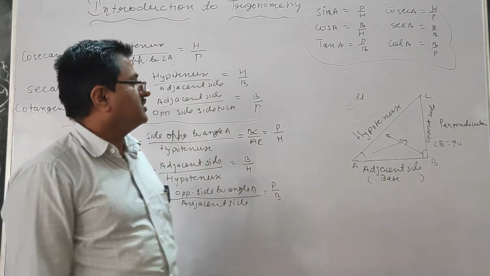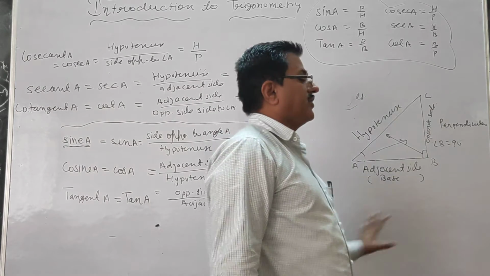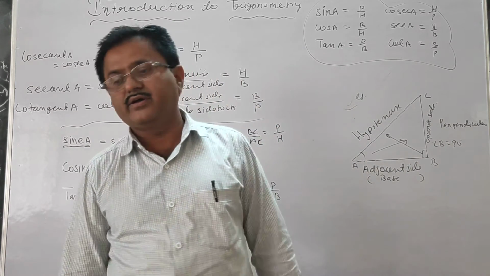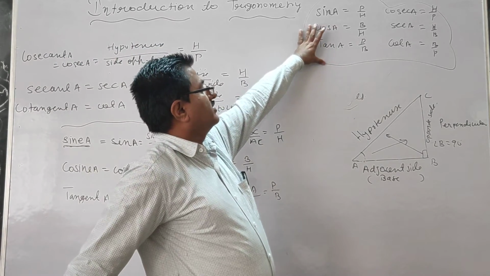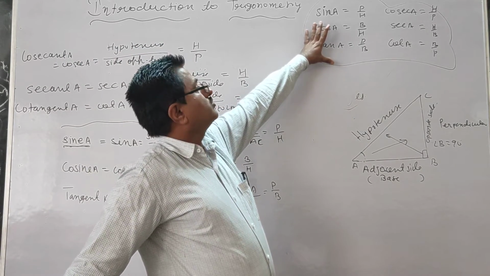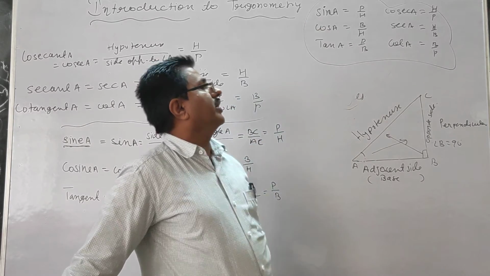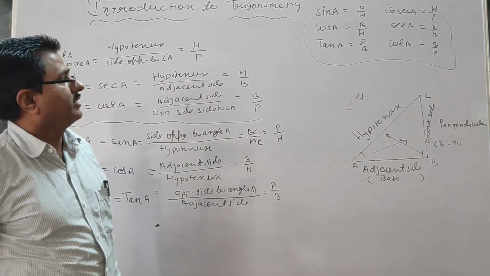On these 6 trigonometric ratios, the whole of trigonometry will stand. You can say this is the basic thing for trigonometry. So these 6 are very important, you have to remember them. Clear?